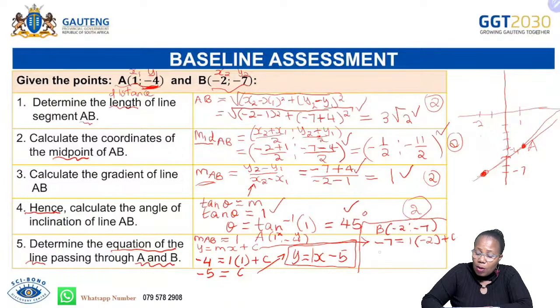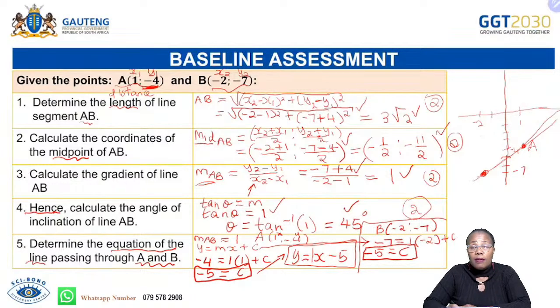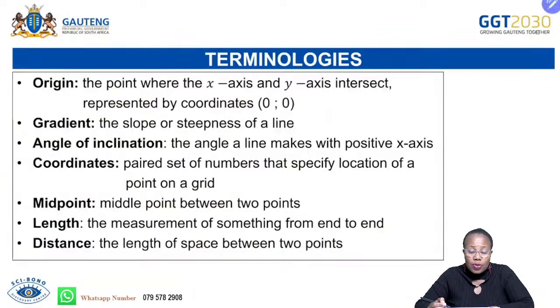Let's see now. -7 + 2, that is -5. Can you see you get the same c value, which is -5, when you are using the other point? So it doesn't matter, grade 12, as long as that point is on the same line, you can use any point. Okay, let's continue.